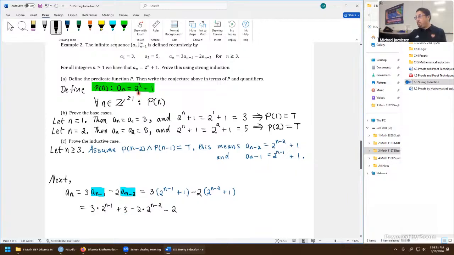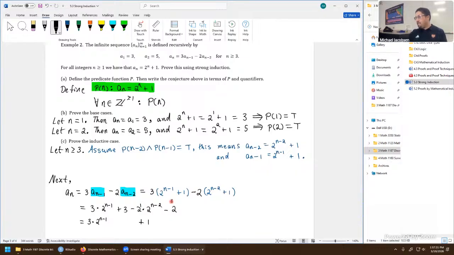But we have to get to 2 to the power n. We've got the right ingredients because we have 2 to the power in 2 spots. And the next thing that's helping us is these are like bases. This is really 2 to the power 1 multiplied by 2 to the power n minus 2. We can add those together, add 1 to that exponent, and this is what we get next. 3 times 2 to the power n minus 1, and I'm going to combine these to a plus 1.